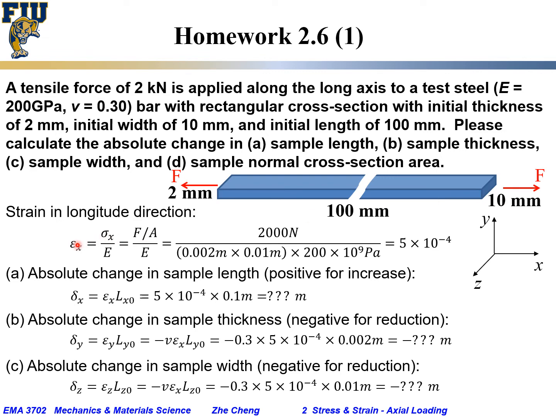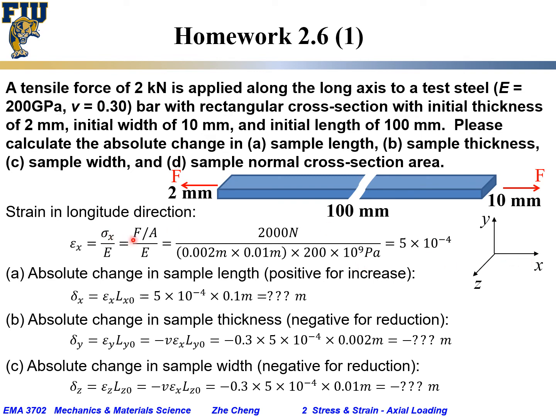Epsilon x, based on Hooke's law, would be sigma x, the normal stress along the x direction, divided by E. We are assuming the material is isotropic. It has the same elastic modulus in different directions. Okay, and what is sigma x? It would be F, the axial tensile force, divided by the normal cross-section area, the cross-section area that is perpendicular to the x-axis.